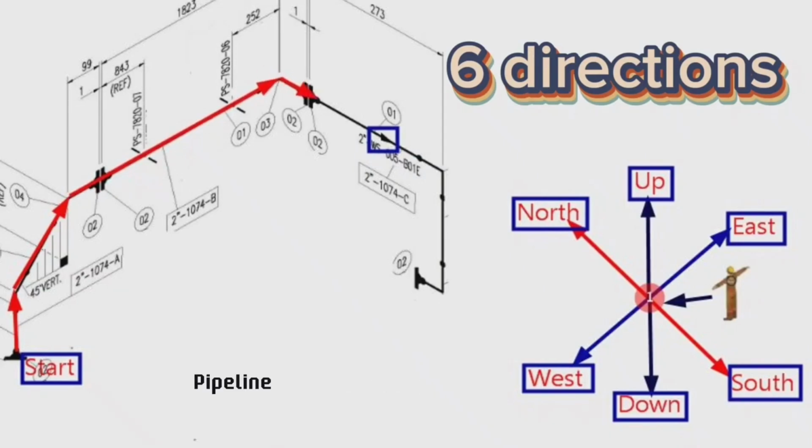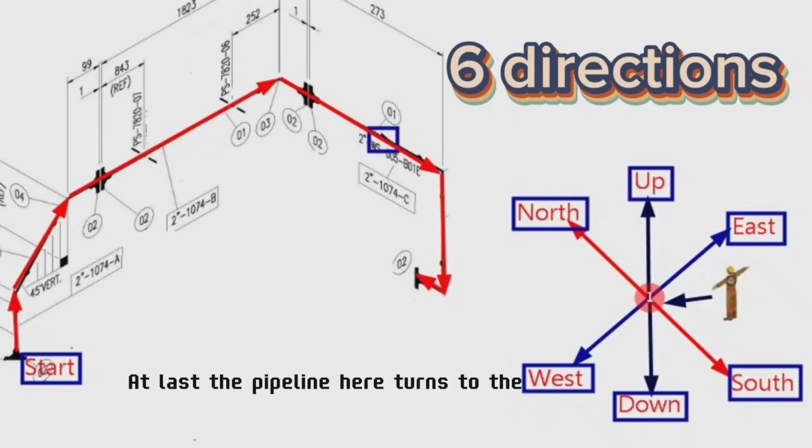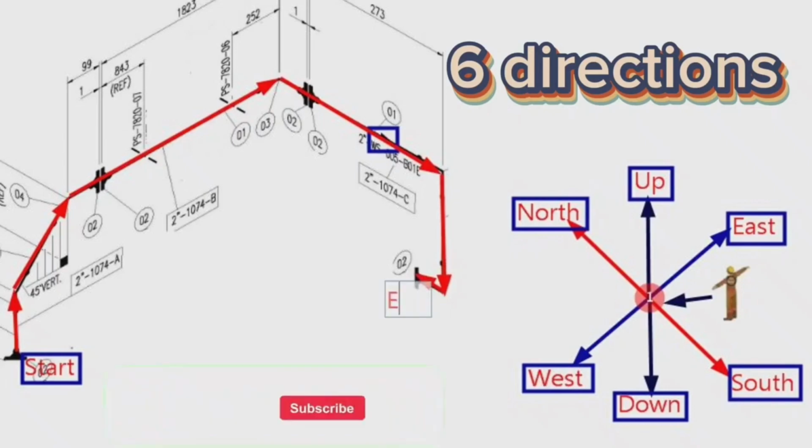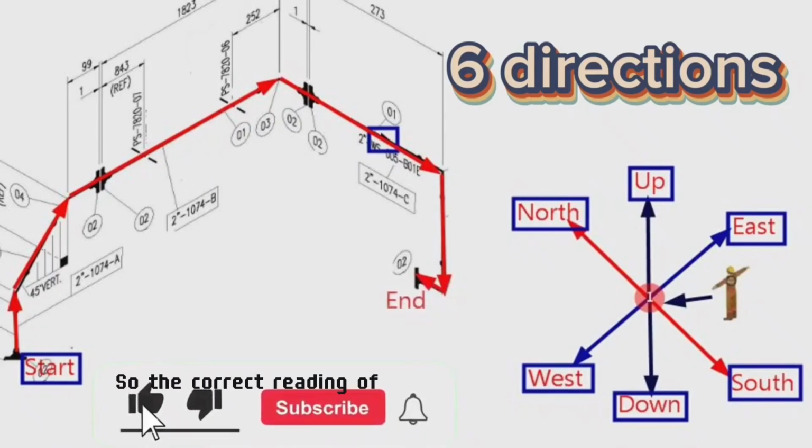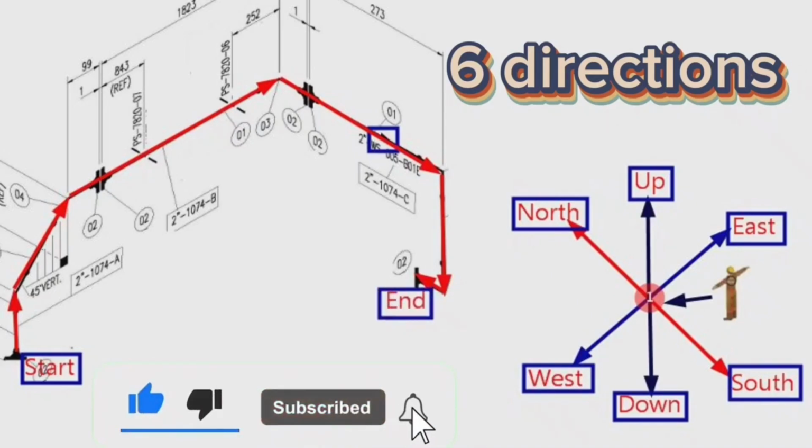At this point the pipeline travels to the south direction. Then the pipeline moves in the down direction. At last, the pipeline here turns to the north direction. So, the correct reading of the pipe drawing is completed.